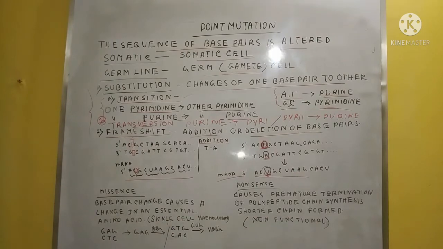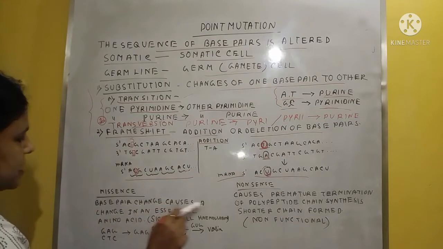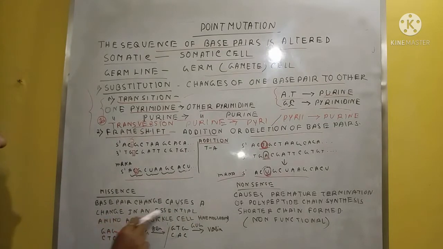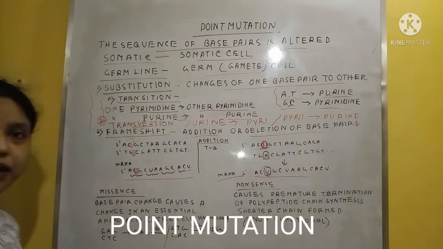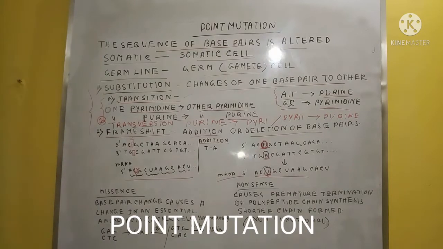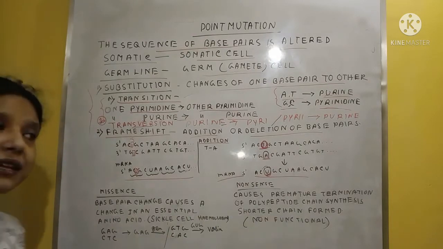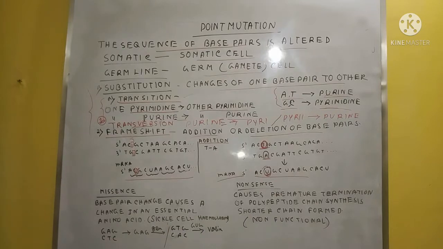Next we learn about the missense and the nonsense. Missense means the base pair change causes a change in an essential amino acid. You all know that in translation, after formation of the mRNA in the process of transcription, the protein synthesis occurs, and the essential amino acids are produced that are very important to our body.